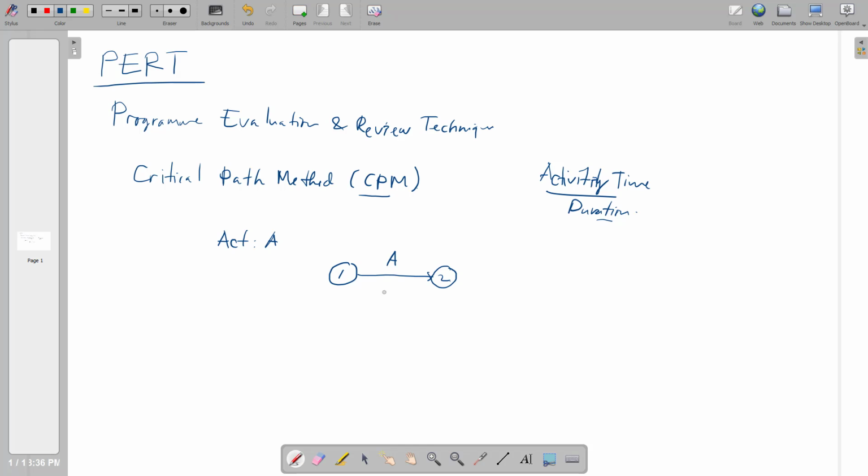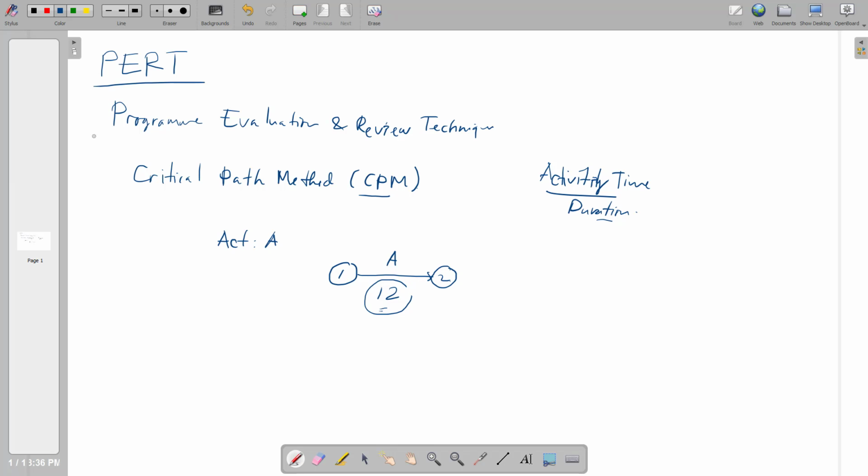So for example, activity A starts from node 1 and finishes at node 2, and the duration is 12 time units. It could be weeks, months, days, or hours, depending on the situation. This is what we call the activity time, or the duration of the activity.